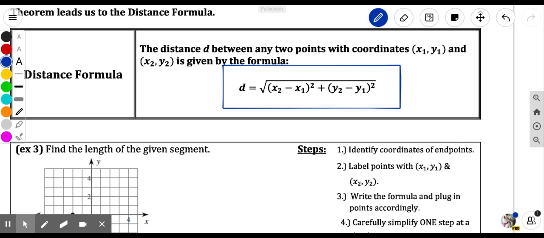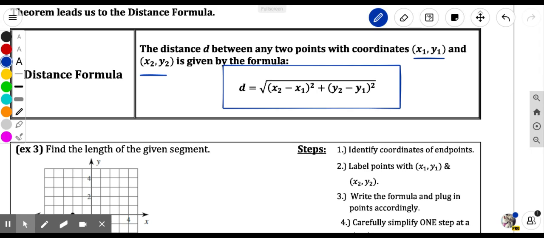So see how the distance between any 2 points with coordinates x1, y1, x2, y2. You made me remember using that with like the slope formula when you have to calculate slope in algebra 1. You label them x2, y2, and x1, y1. It doesn't matter which point you say is x1, y1, and which one you say is x2, y2. They're just a label for you to know where to plug it in.